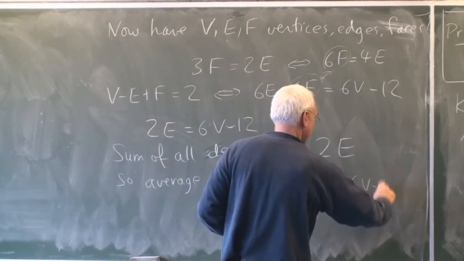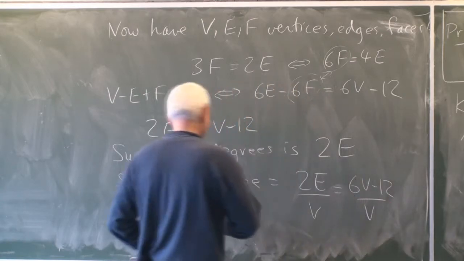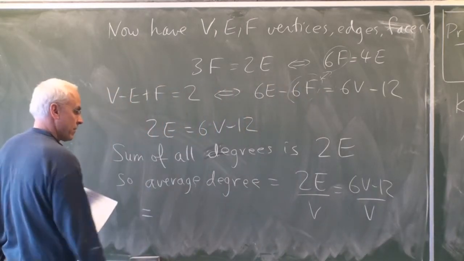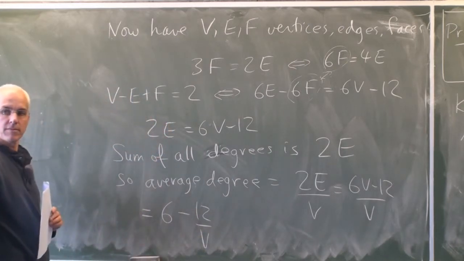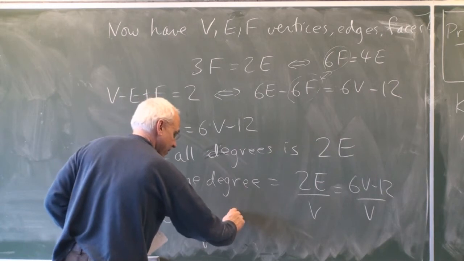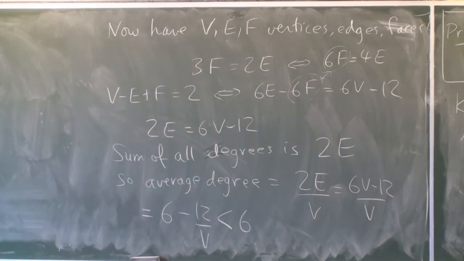That's 6V minus 12 over V. That's equal to 6 minus 12 over V. In particular, that's less than 6. So the average degree of this big extended graph that I've made is some number less than 6. But there must then be at least one vertex which has degree 5 or less.